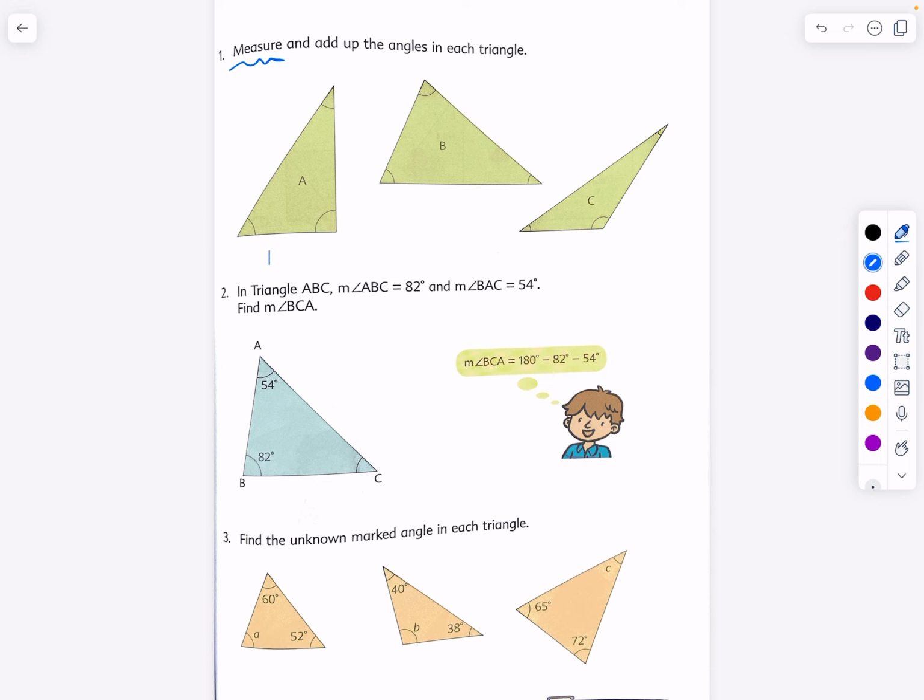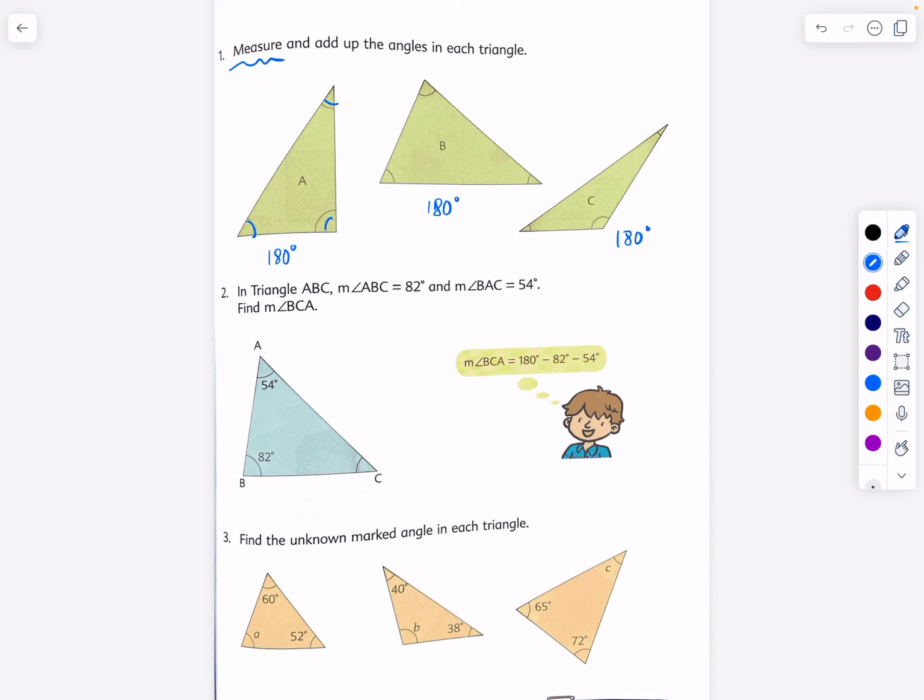I encourage you to measure all of these individual angles, and after you add them up, they should add up to 180 degrees. Notice triangles ABC look very different from each other, but the sum of all their angles is always 180 degrees.